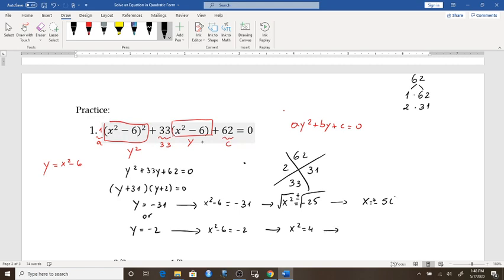From the second one, if we take the square root and put a plus and minus, we end up with x equal to plus and minus 2. So what's the solution set? We end up with negative 5i, positive 5i, negative 2, and positive 2. So 4 solutions, as we predicted.